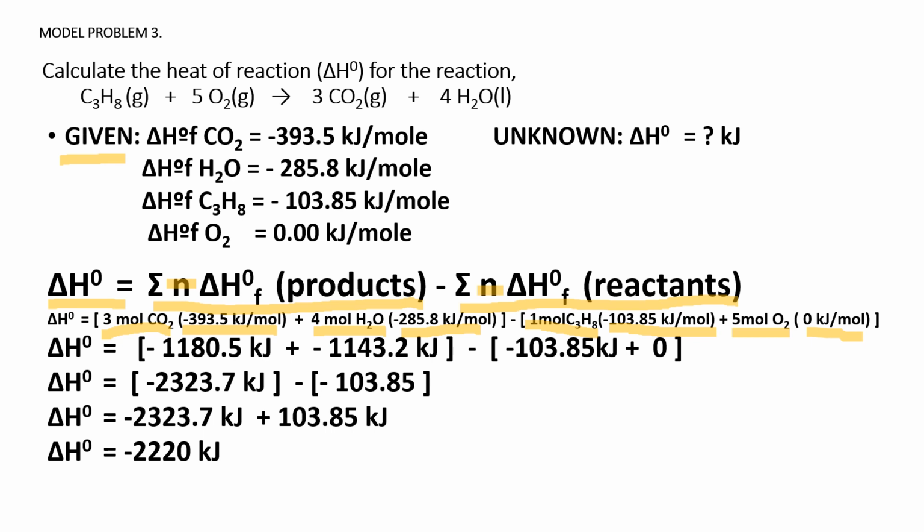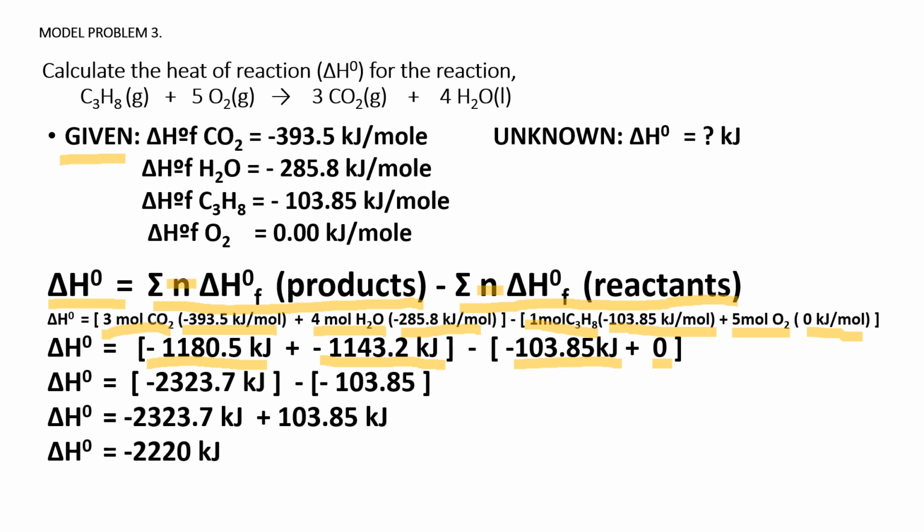So to simplify the math, 3 times negative 393.5 is equal to negative 1,180.5 kilojoules. And 4 times negative 285.8 kilojoules is equal to negative 1,143.2 kilojoules. Minus the total heat of formation of reactants, which is negative 103.85 kilojoules, and of course 0 for oxygen.